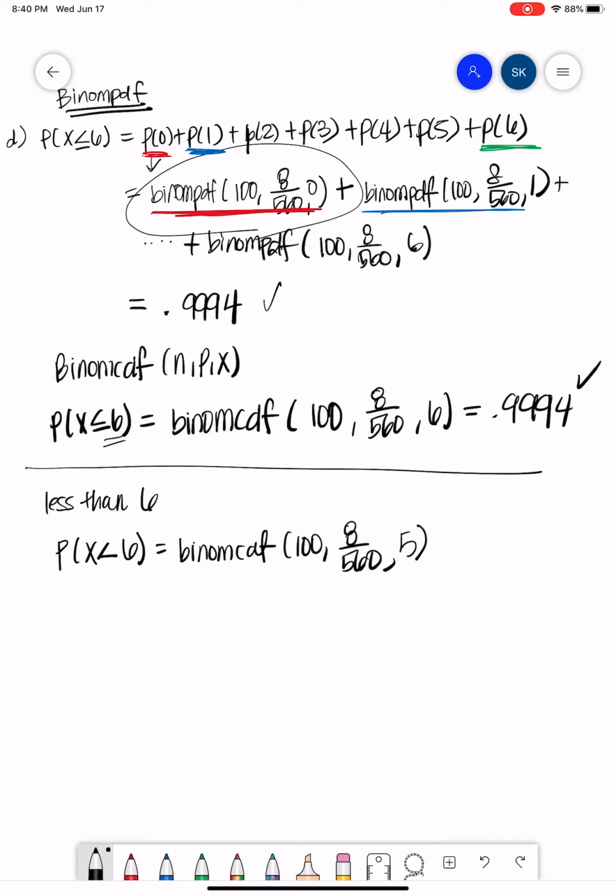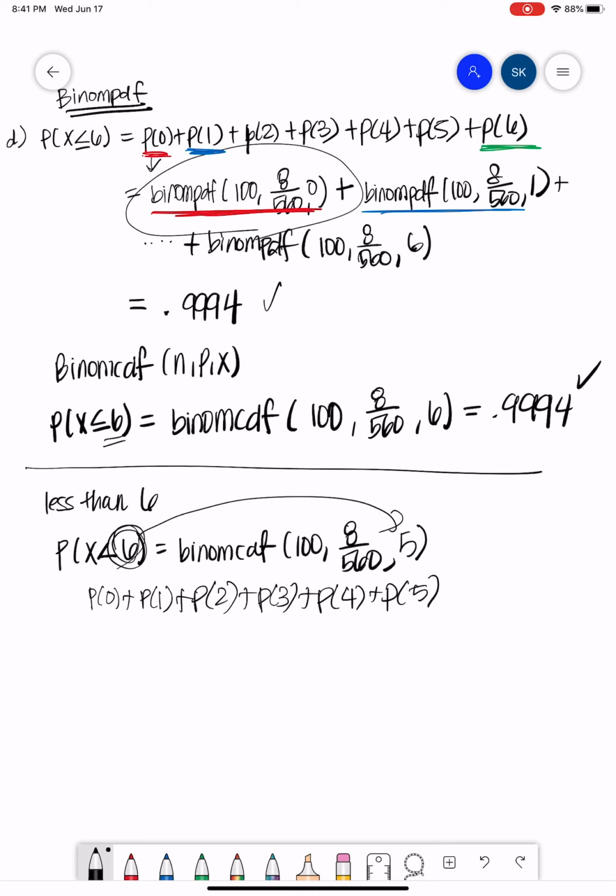Why? This means P of 0, P of 1, P of 2, P of 3, P of 4, P of 5, but not 6. That's confusing to a lot of students because we have a tendency to think, oh, less than 6, there's my number 6, and you put it right there. But remember, this does not include 6, so the last number should be 5.